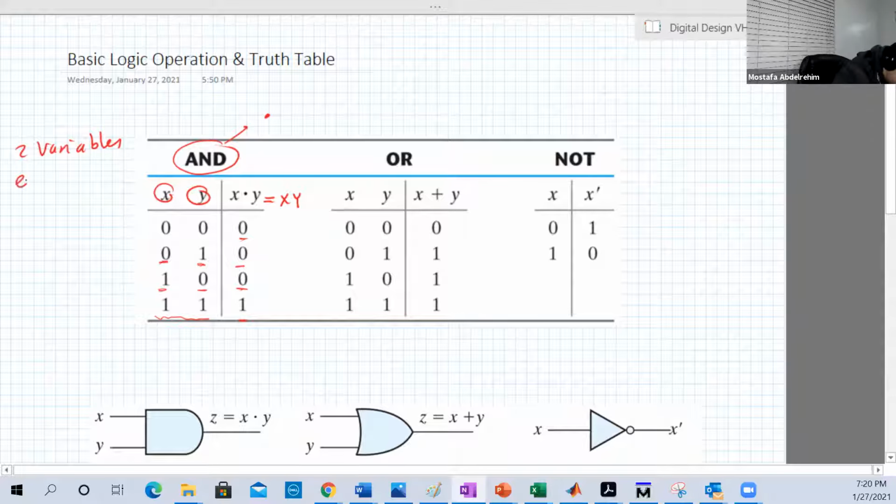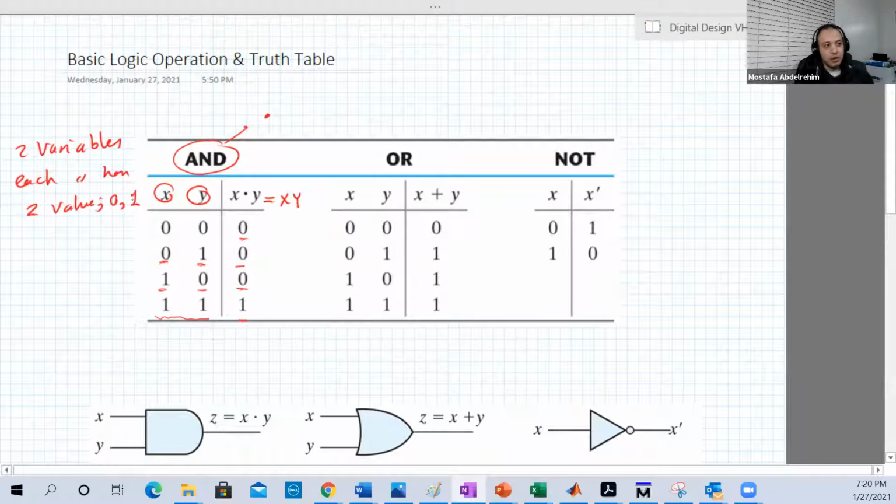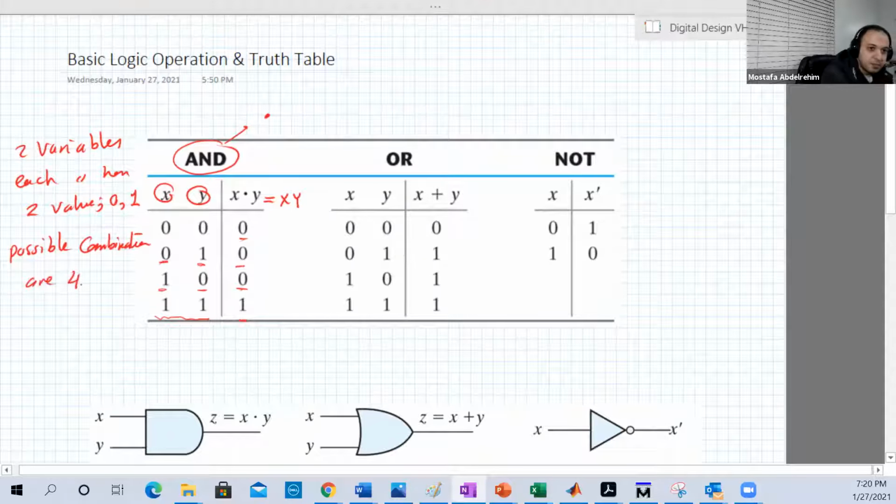Each variable has two values, which is 0 or 1. So the possible combinations that you have are 4: 0, 0, 0, 1, 1, 0, 1, 1.